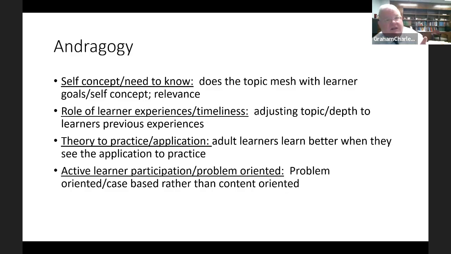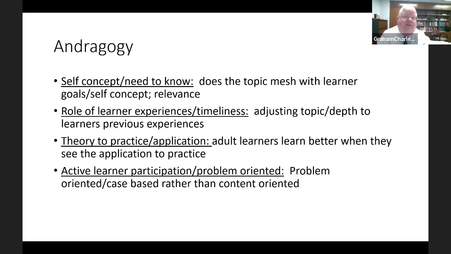But adult learners learn that better when they can see the application of practice. And of course, in medicine, that's beautiful for us because with case-based learning, you really can go deep into the science in a case-based format, and an adult learner will learn it better. And then lastly, and perhaps most important, is active learner participation.